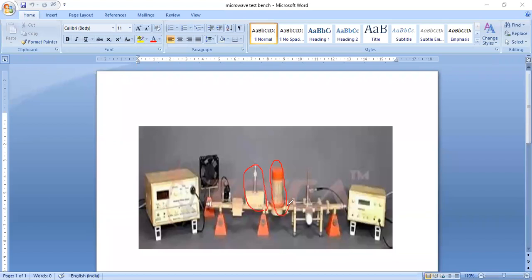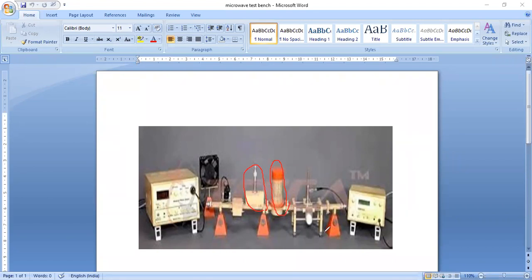Generally the frequency meter is a tunable one. By rotating it while doing the experiment, you come to know it's tunable. It is a tunable cavity of cylindrical shape.